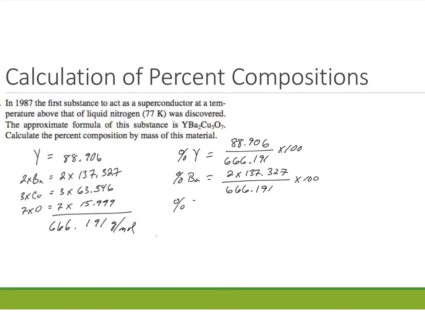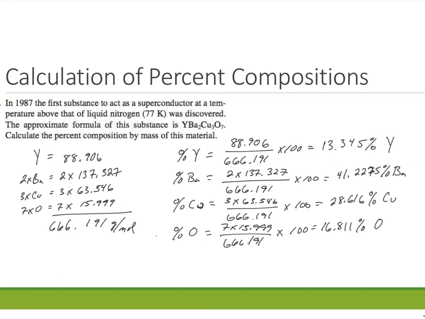The percent copper is going to equal the 3 times the 63.546 over the sum total, 666.191 multiplied by 100. And then finally, the percent oxygen is equal to 7 times 15.999 over the 666.191 times 100.